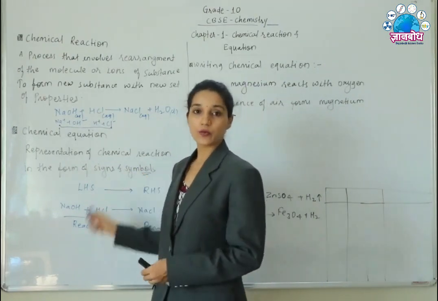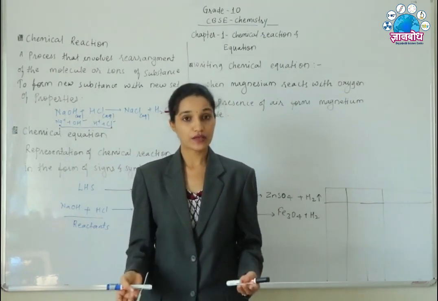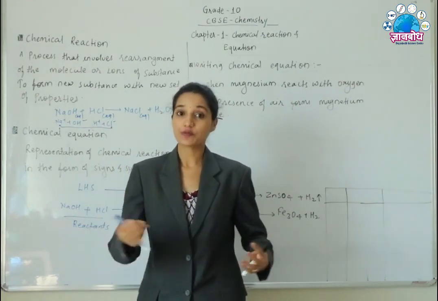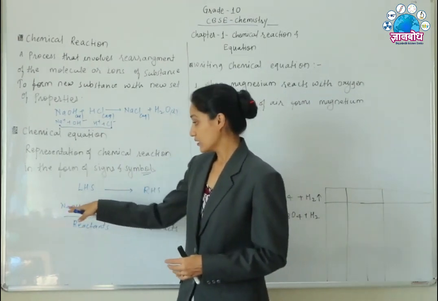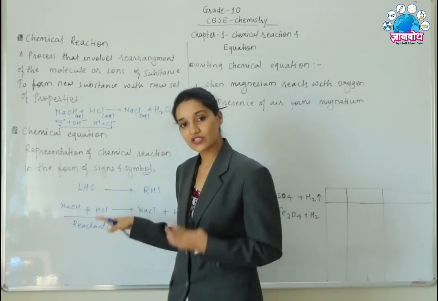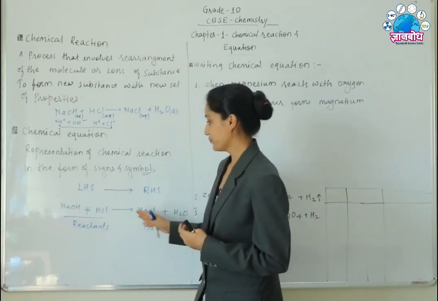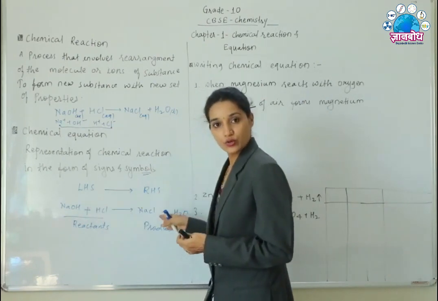Now this chemical equation represents a chemical change, a rearrangement of atoms. You can see here that the atoms involved in the reaction are the same: sodium, chlorine, hydrogen, oxygen.